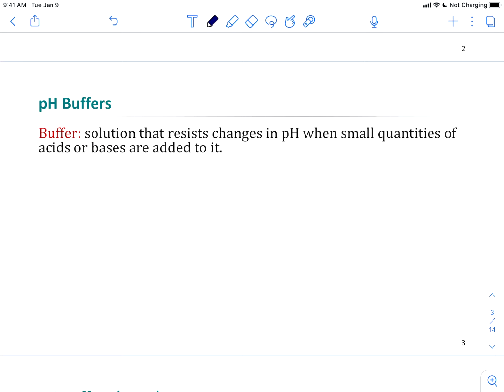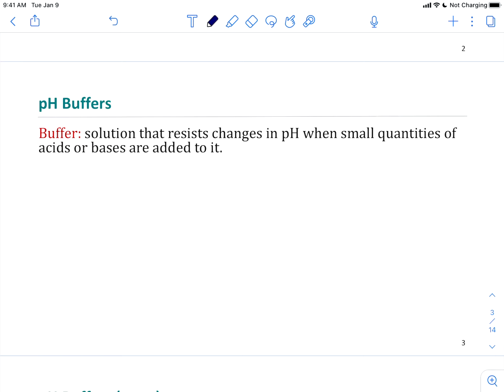So all I want you to learn is what a buffer is and how you would choose to make up a buffer, and where its capacity comes from, like how much it can buffer. So its buffering capacity and the extent, the range at which it can buffer. That's the important thing I want. So it's a solution that resists changes in pH, basically, when small quantities of acid or base are added.